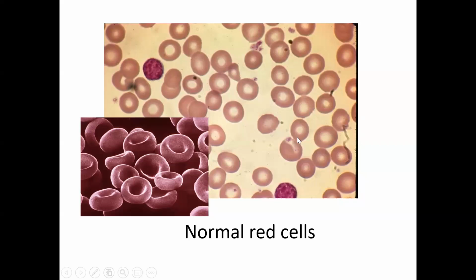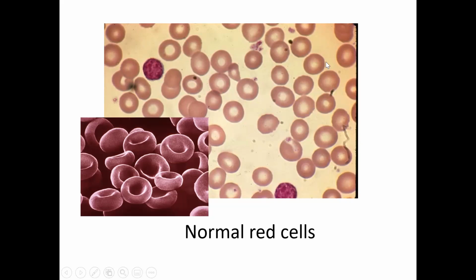And usually when we're looking under a microscope, we will compare the size of the red cell to the size of the smallest white cell, which is what you can see here. These dark shapes are the smallest white cell. And if you remember, the smallest white cell was a lymphocyte. Therefore, the normal red cell is roughly about the size of the nucleus, or slightly smaller than the nucleus, of a small lymphocyte.